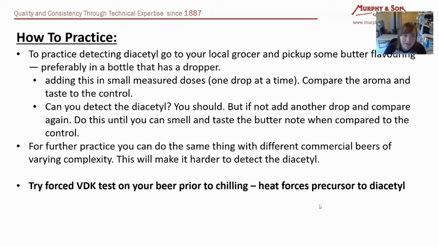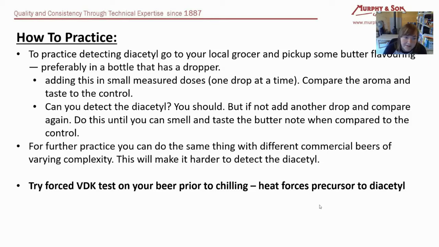You can add small measured doses, a drop at a time, and compare the aroma and taste to the control. Ideally, you would do this in a light, simple lager to make the most of being able to detect it. If you can't, then just keep adding it until you can.